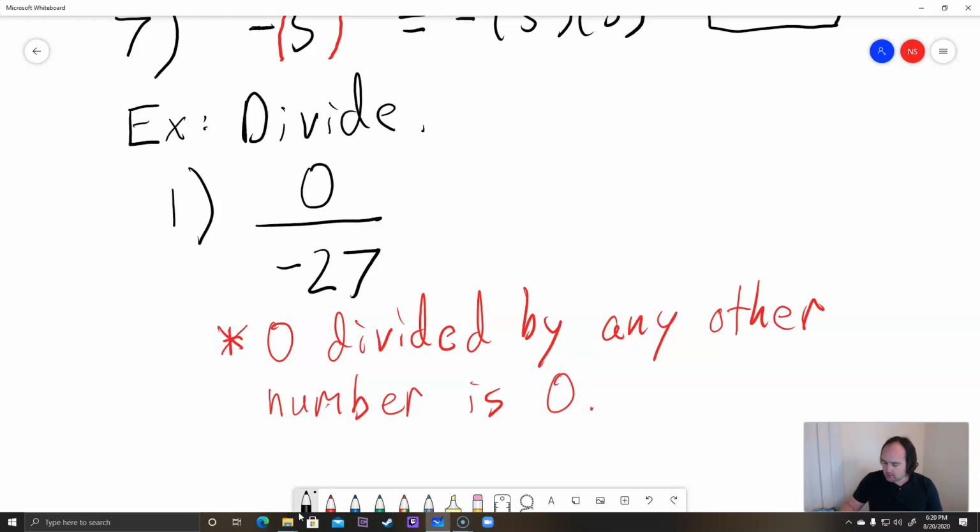Here we don't really care about the negative 27 on the bottom. As long as it's some number besides 0, 0 divided by any other number is 0. So our answer here is just 0.